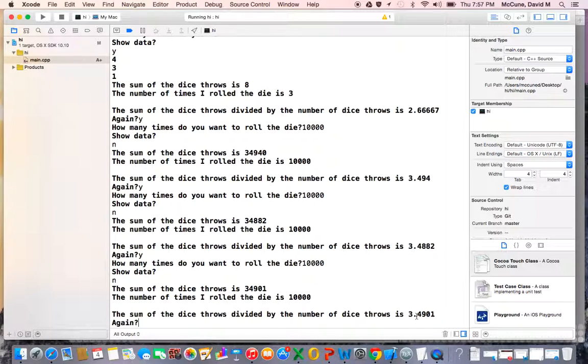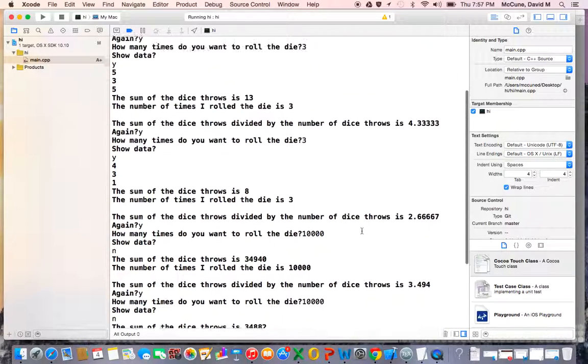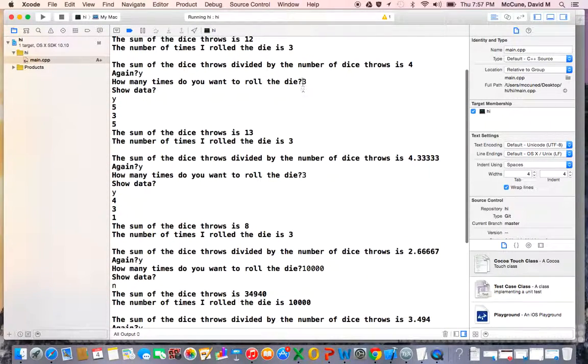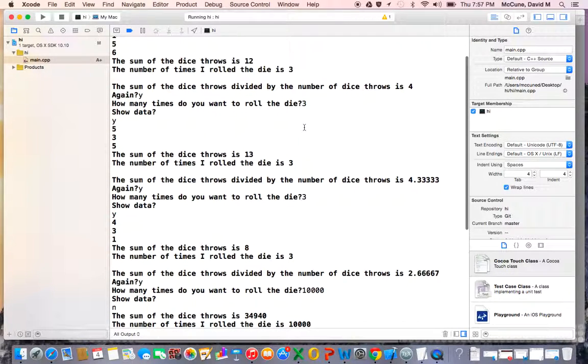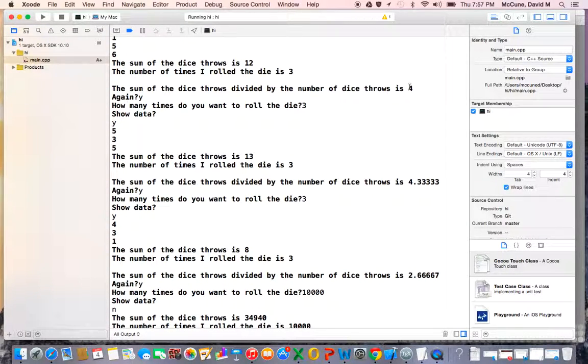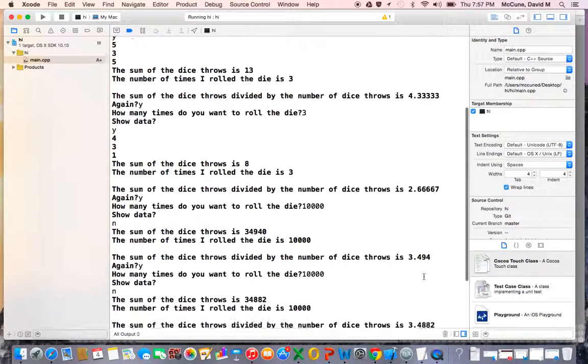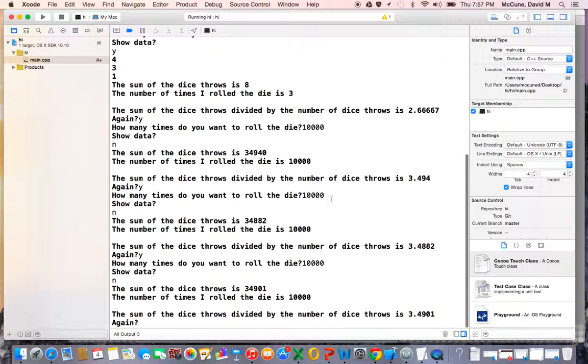Okay. So notice when I rolled the die only a few times, 3 is a very small amount of times, the average roll numbers were all over the place: 4, 4.3, 2.7, etc. Notice though, when I roll the die lots and lots of times, 10,000 times, these numbers are not all over the place.